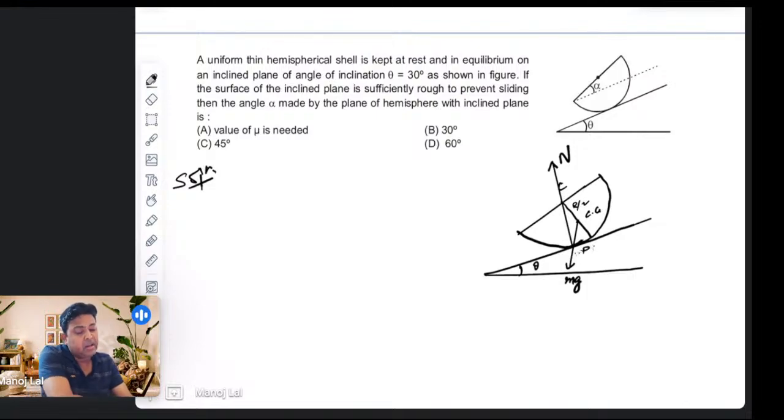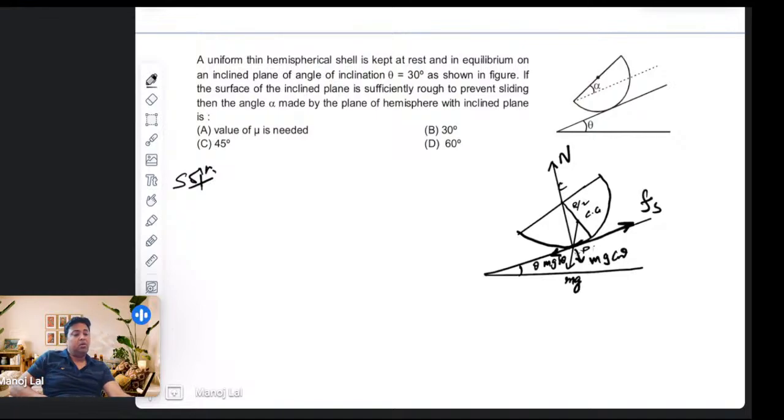All right. So what are the other forces acting on it? Apart from that, the force will be the friction. So this friction will be this one. Why the friction? This is a static friction. Let me resolve the component of mg. One is mg sine theta and the other will be mg cos theta.